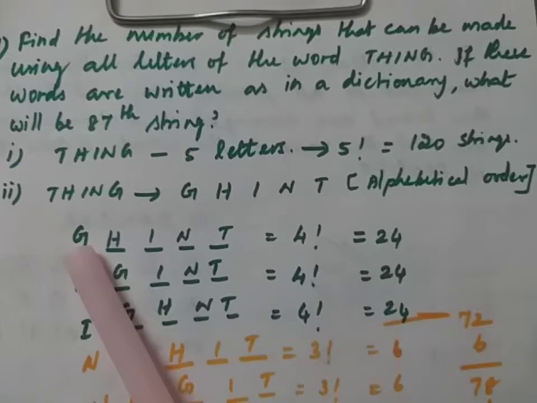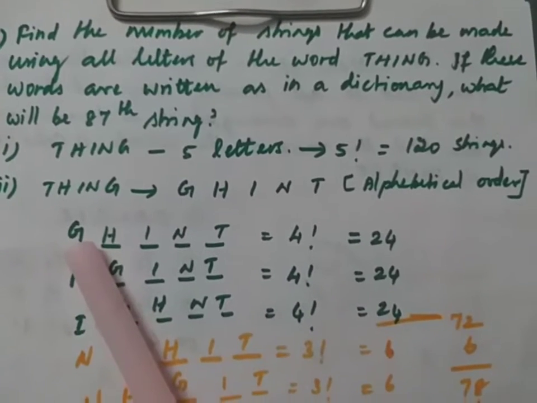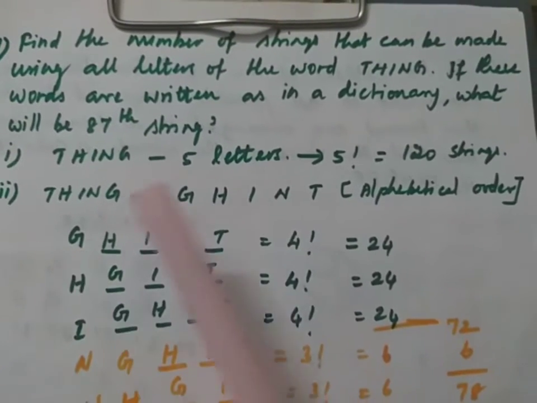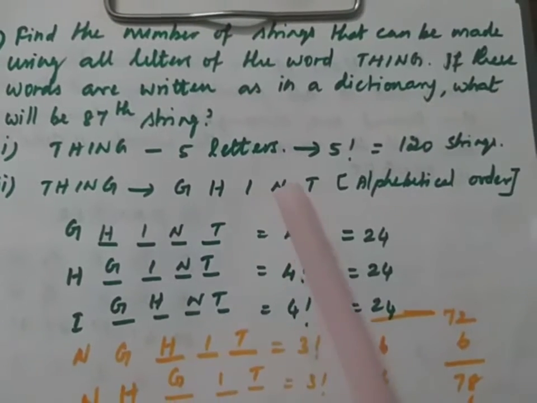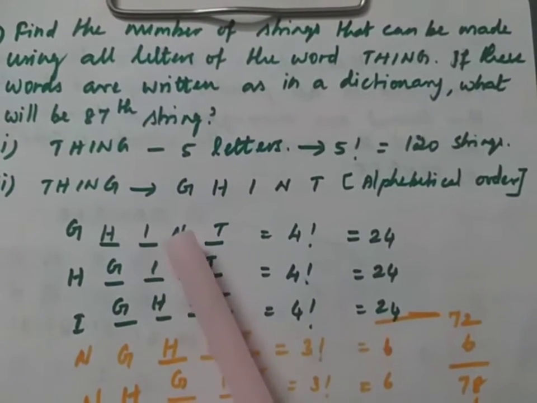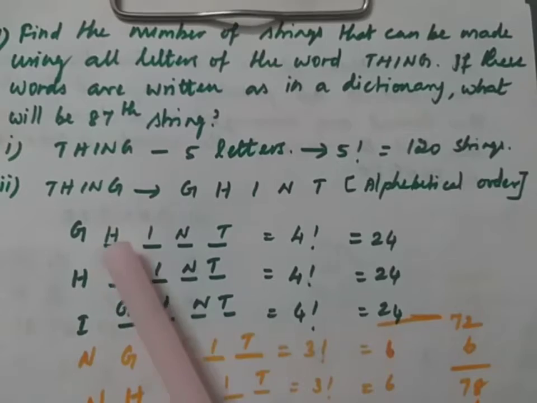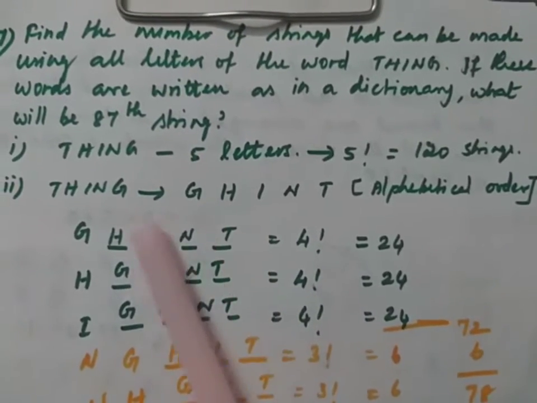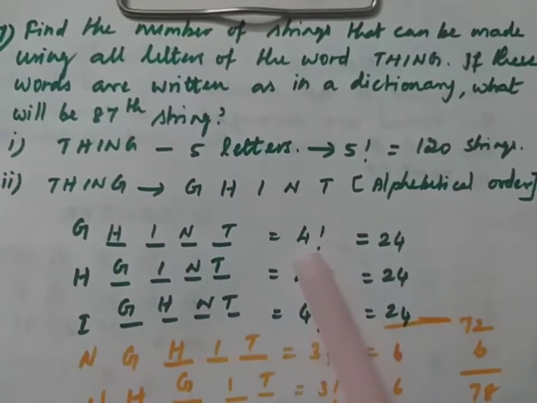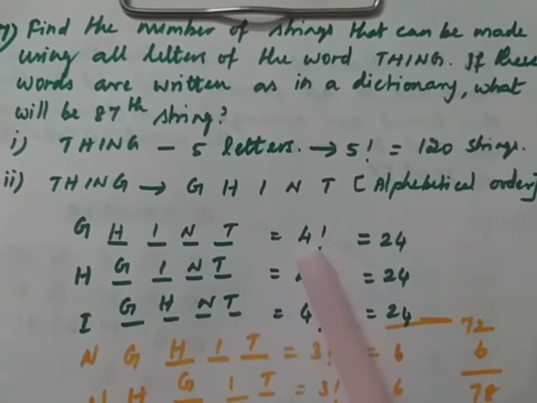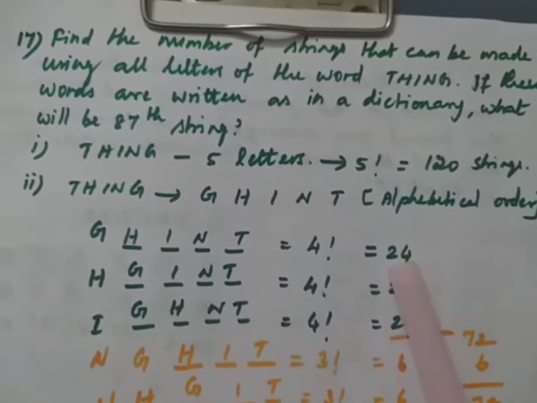We took only one letter now, so remaining we have 4 letters, H I N T. These 4 letters can be arranged in 4 factorial ways. So this 4 factorial is nothing but 24.